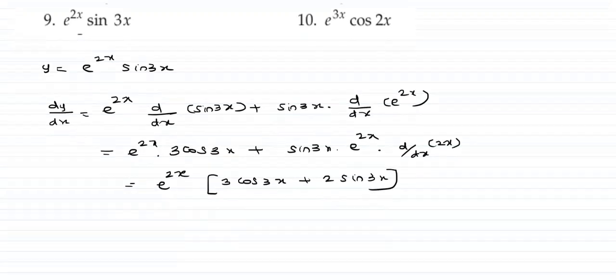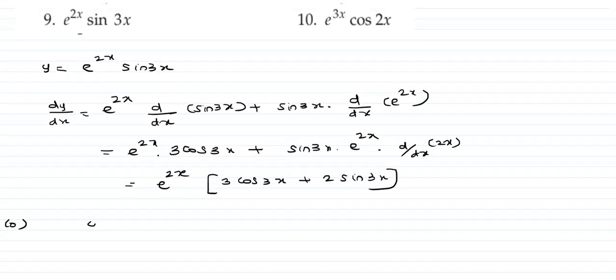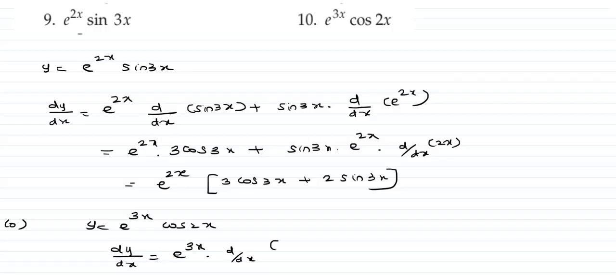Clear? 10th one, y equal to e power 3x cos 2x. Same method, right? dy by dx, e power 3x, d by dx of cos 2x plus cos 2x into d by dx of e power 3x.